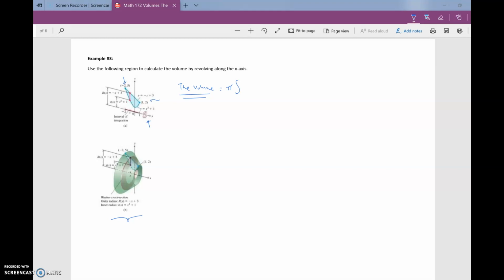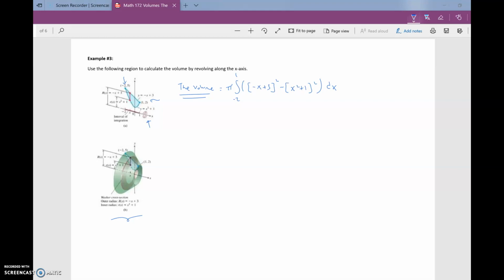So this one's going to be from the values of -2 to 1, and then the function that happens to be above is the -x plus 3, which I'm going to rewrite as squared, minus, and the function that happens to be below is the x squared plus 1. So this is x squared plus 1 squared, and technically dx.